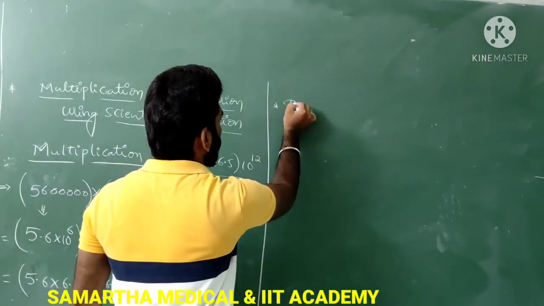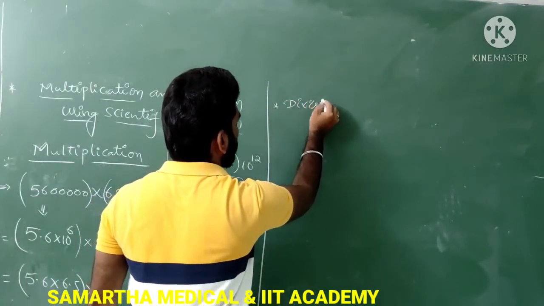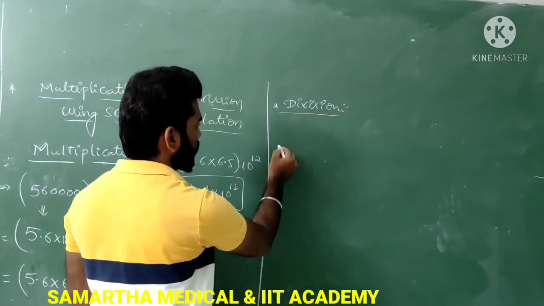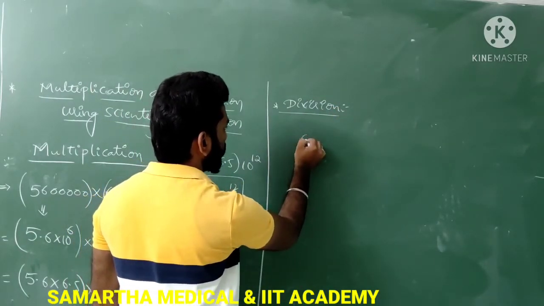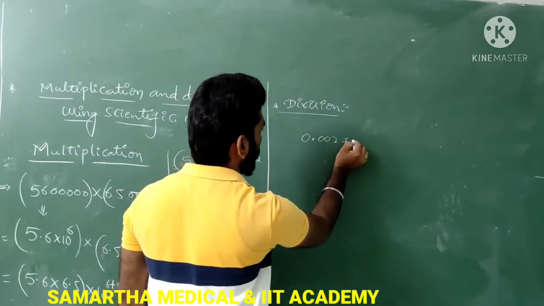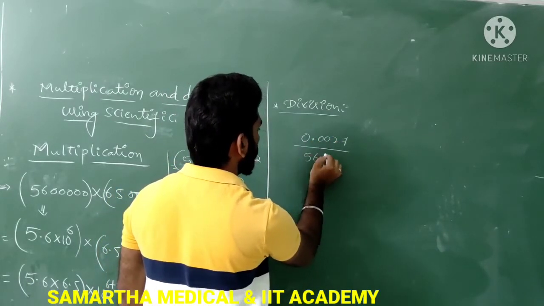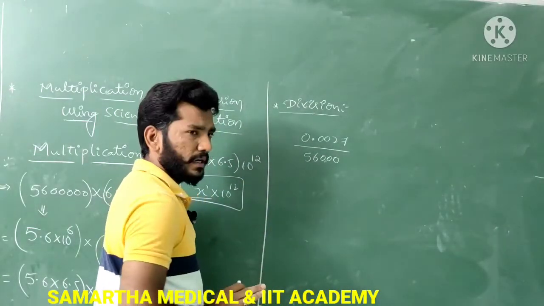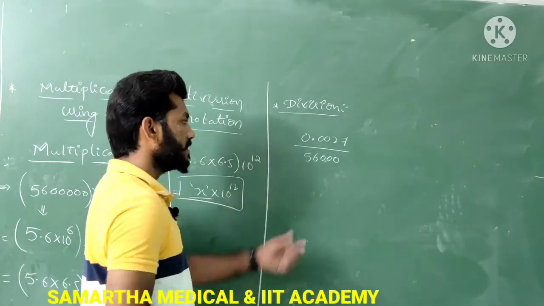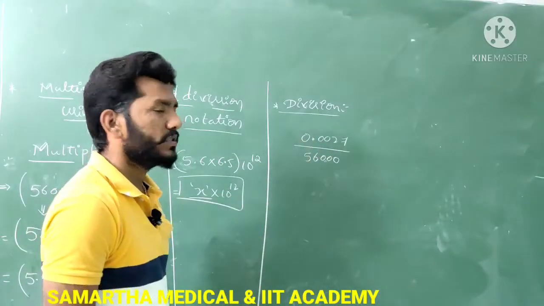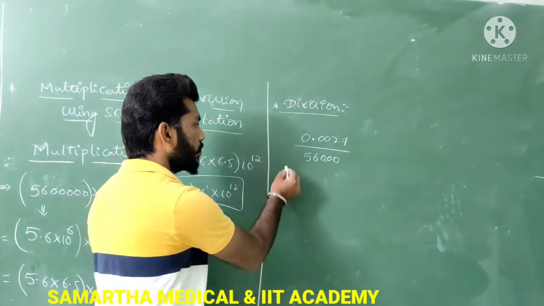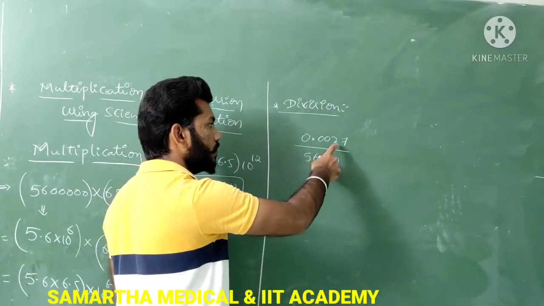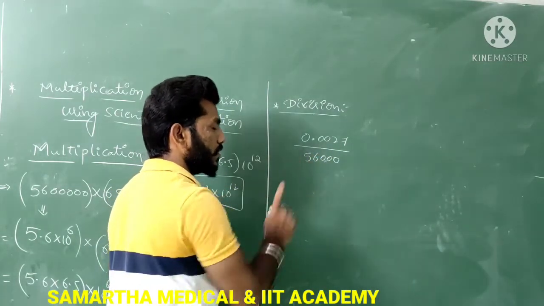Suppose we have 0.0027 divided by 56,000. I don't know, I simply wrote a number here. How do we simplify these values with the help of scientific notation? Using scientific notation, we simplify 0.0027 divided by 56,000.